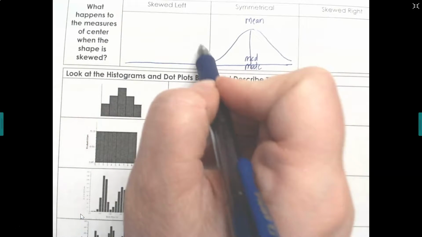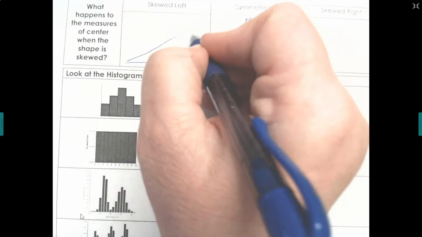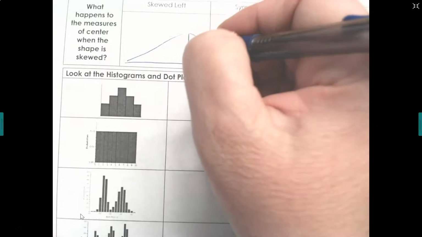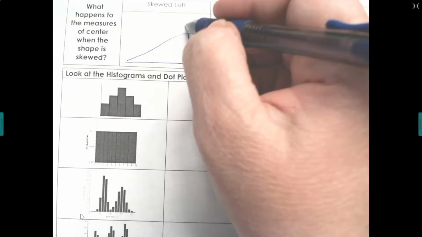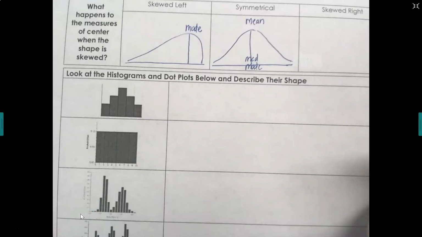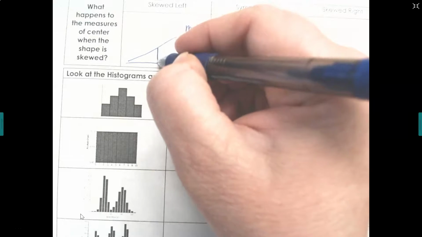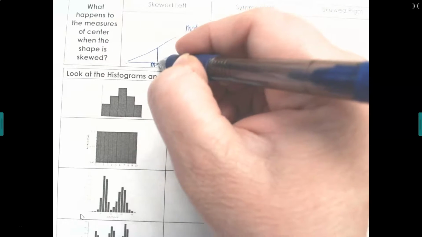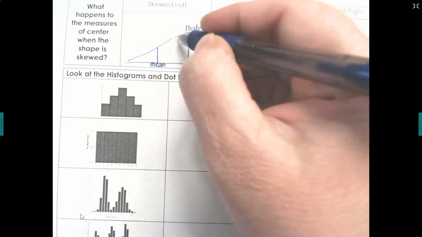But once you start skewing, so if I skew left, remember we said that peak is at the tall spot. That's the mode. That's still the most occurring number. But the mean is much more volatile. It gets pulled off a whole lot further than the median does.